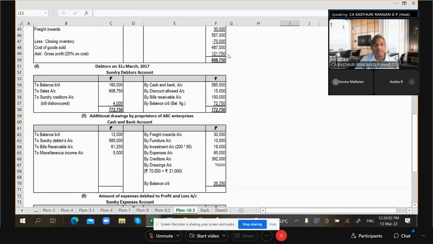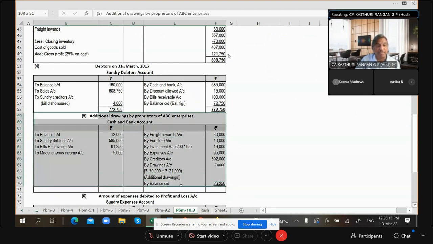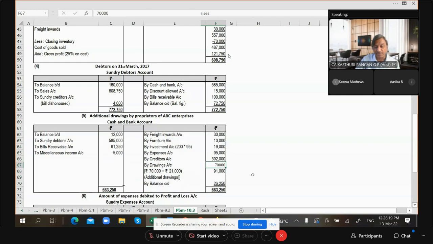Everything is completed, but in the payment side, there is additional drawing. That will be the balancing figure. Already 70,000 was there. So the difference of 21,000 is the additional drawing.